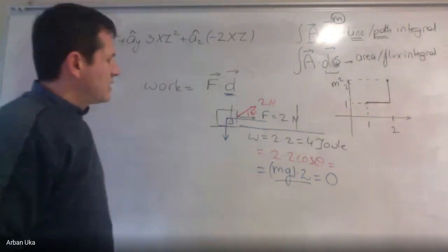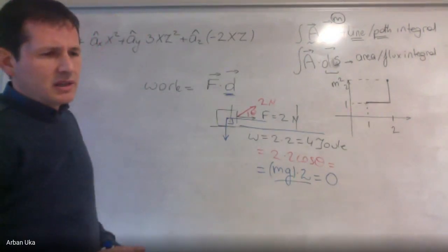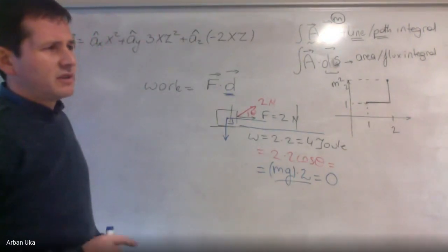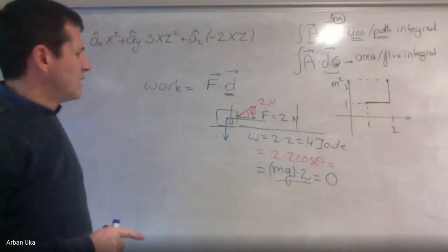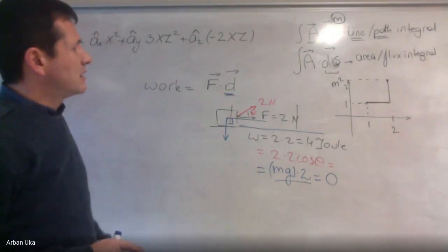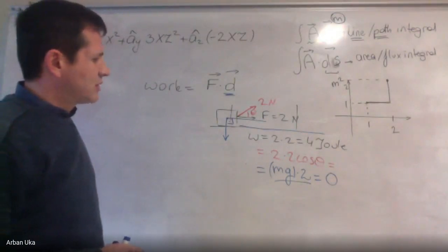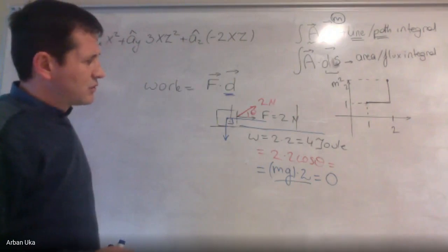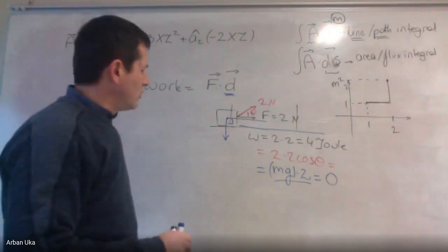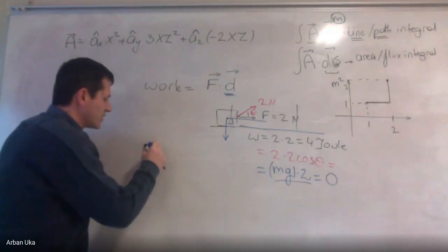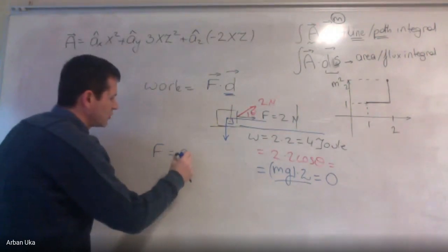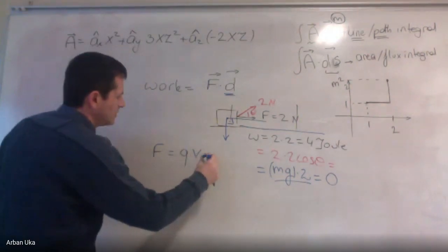So this is why the line integral is important. You might have a force or a field, and calculating the line integral can give us very important quantities. Now, let me ask you, do you remember such a formula where the force is equal to Q V B?